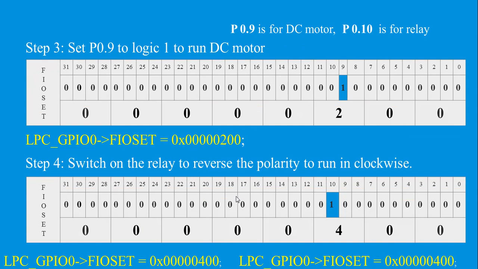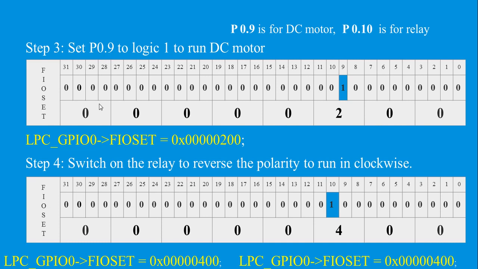Now if you want to switch on the DC motor, you need to send logic 1 via the 9th pin of port 0. That's why you have to use the FIOSET register. In this register the corresponding position, that is the 9th position of the register, should be made 1, so that you are ensuring that through the 9th pin of port 0 you are sending logic 1, so that you are going to create a ground path at the driver.